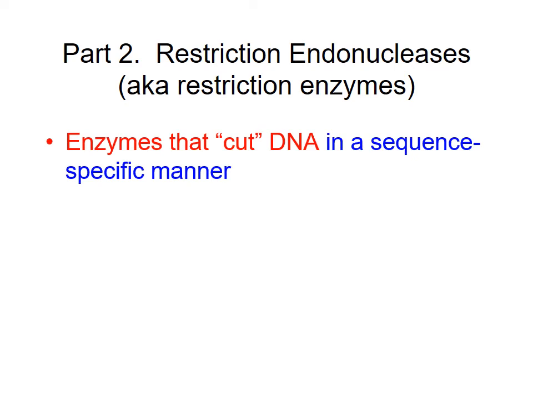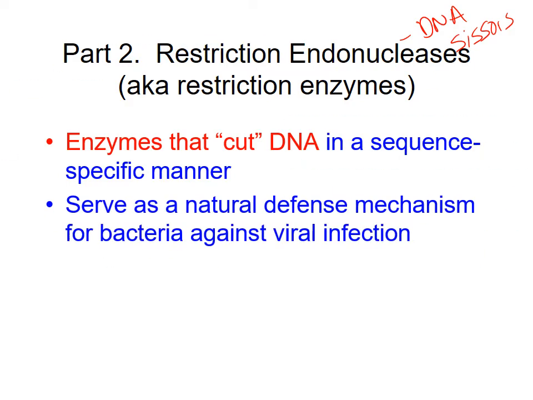Those restriction enzymes that I mentioned before are also known as restriction endonucleases, or DNA scissors. They cut DNA in a specific sequence. And this was originally used as a natural defense for bacteria. We learned about this enzyme, stole that enzyme and a few others from bacteria, like we've done with many of our genetic technologies.